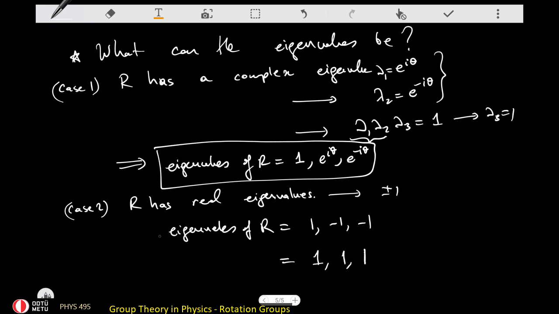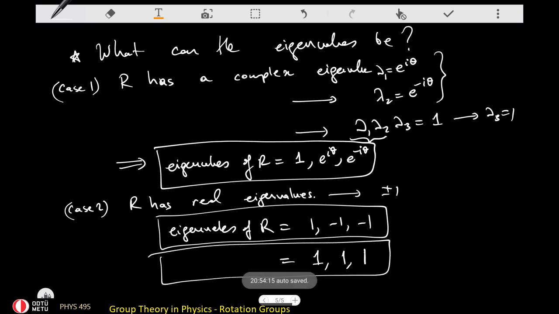So the minus 1 should appear an even number of times. So these are the 2 possibilities. In any case, that's the result that I'm going to use.